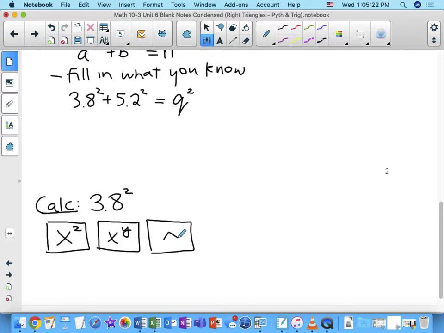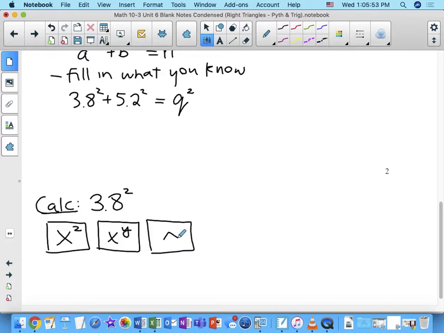Okay? So when you are putting this into your calculator, you're going to enter in 3.8. This is sort of your exponent button. This squared is an exponent. This tells you how many times do I need to multiply 3.8 by itself. Okay? And this little hat button is also an exponent. So your calculator won't have both of these. It'll have one of these two buttons, depending on which type of calculator you have.